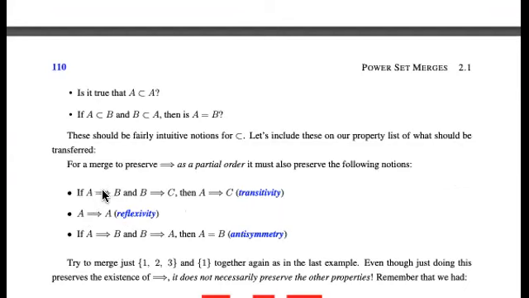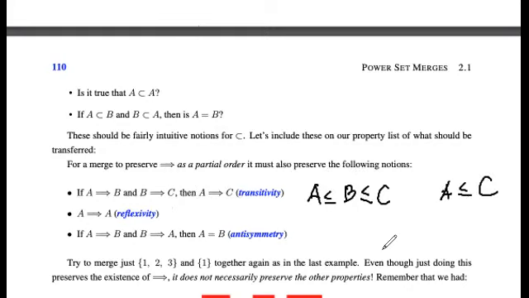Like if A is less than or equal to B, and B is less than or equal to C, then A is less than or equal to C. We could even write this out as A less than or equal to B less than or equal to C. That's going to imply that for sure A is less than or equal to C.